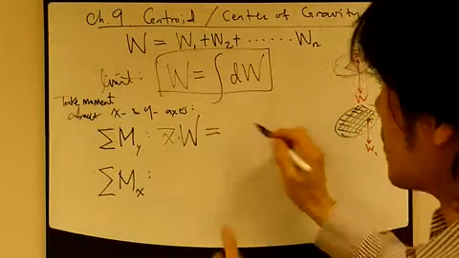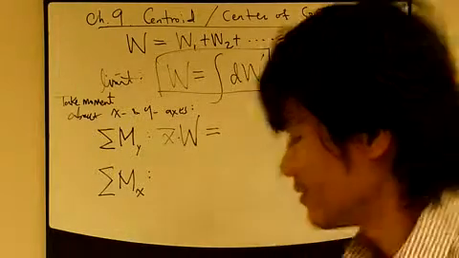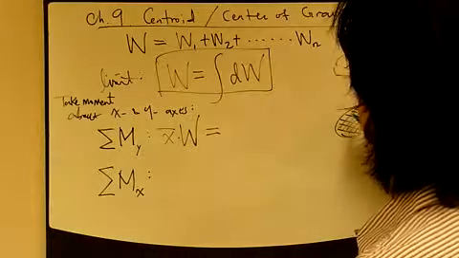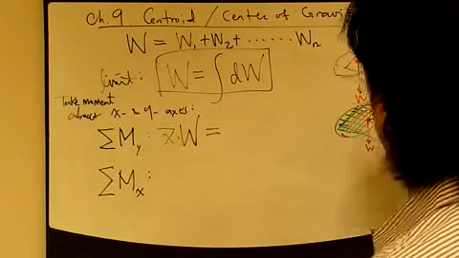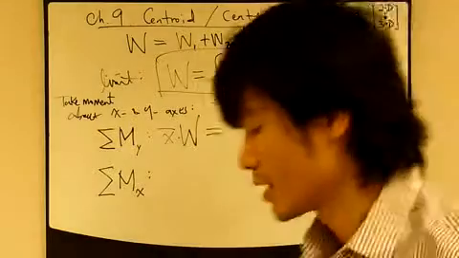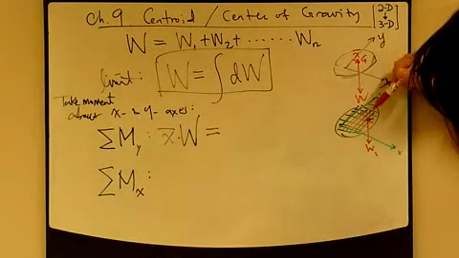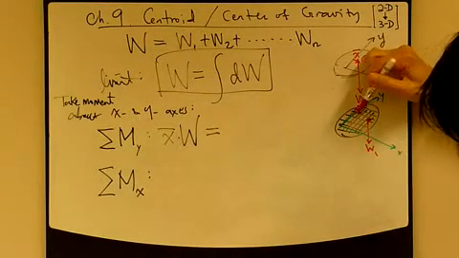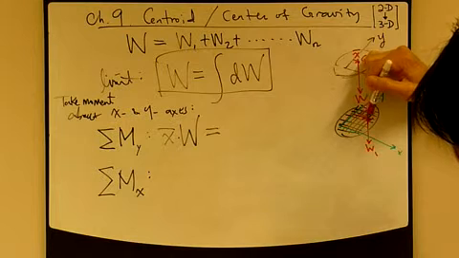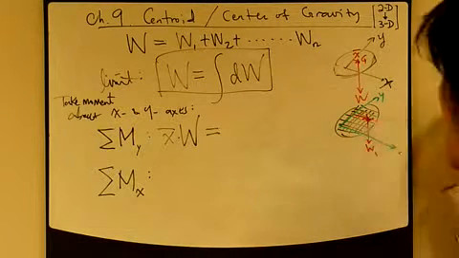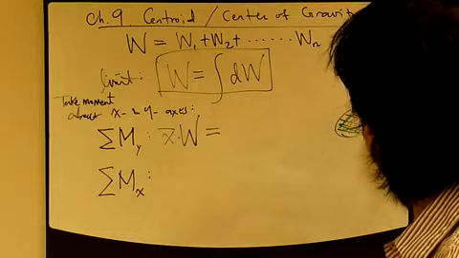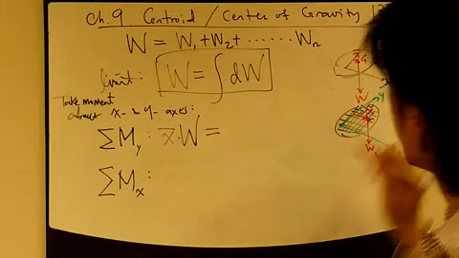And the moment arm for each piece, the moment arm that is measured from the y-axis to the location of the element, I'm going to call x tilde.